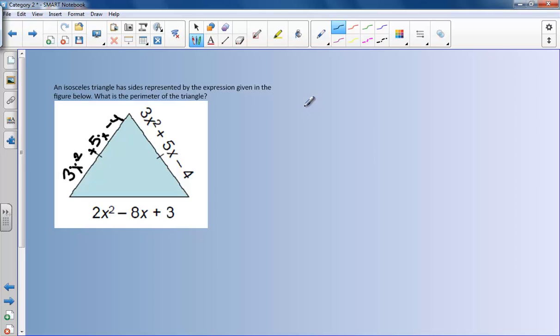So I'm going to go ahead and group my like terms as I go and put them under each other just to make adding a little easier. So 3x squared plus 5x minus 4 once. And I need that again for that second side. And then I need my base, which was 2x squared minus 8x plus 3.